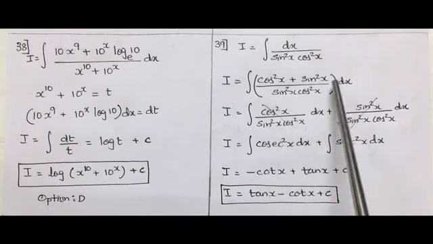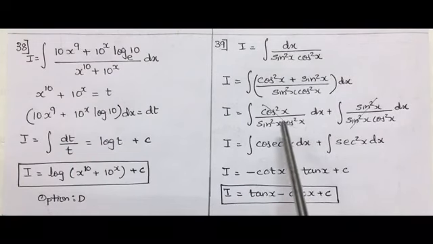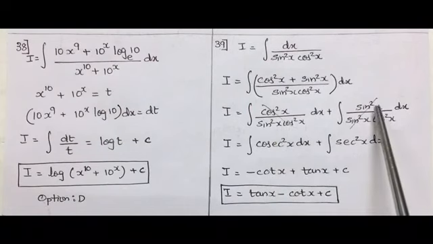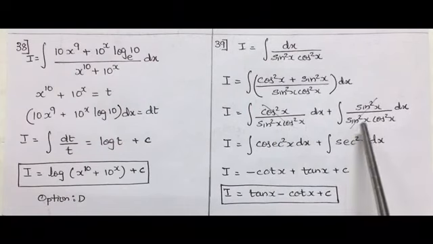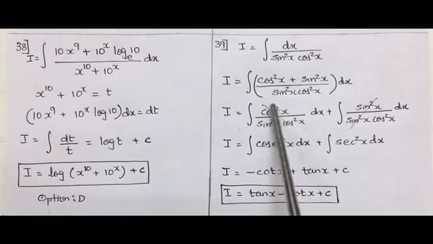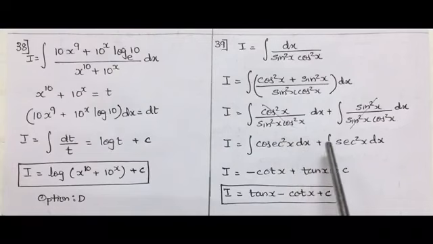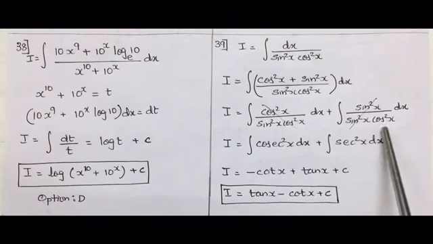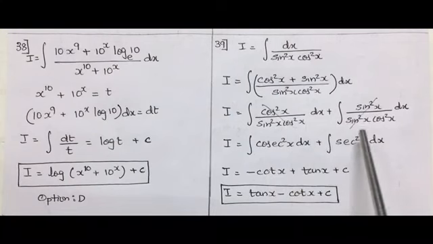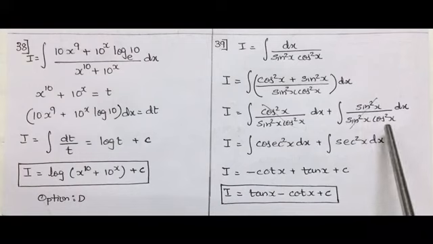Now separately dividing both, cos square and cos square will get cancelled for the first case, sin square and sin square will get cancelled for the second case. And left out is 1 upon sin square dx and 1 upon cos square dx. 1 upon sin square is cosec square x dx and 1 upon cos square is sec square x dx.